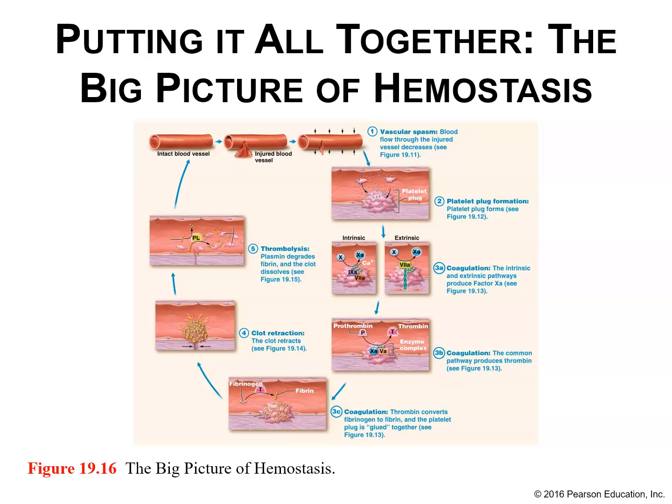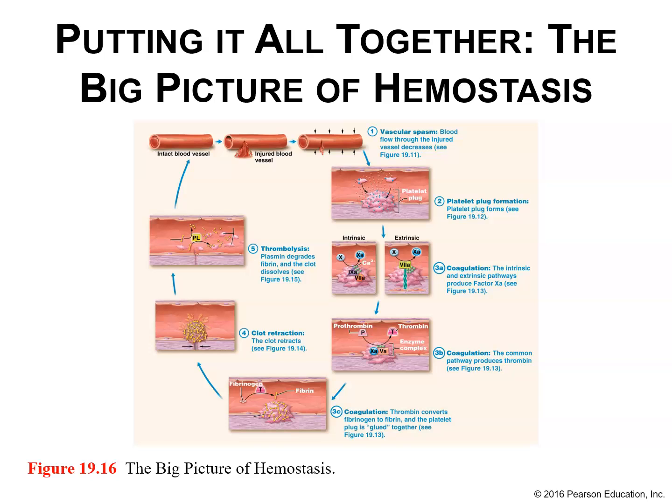And then you get the common pathway producing thrombin, where prothrombin is converted to thrombin from the combination of 10A, 5A, and the enzyme complex plus calcium. Then the thrombin converts fibrinogen into fibrin, and the platelet plug is then glued together. It's more of a substantial clot now.